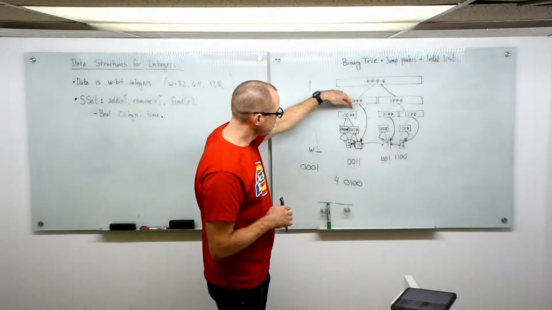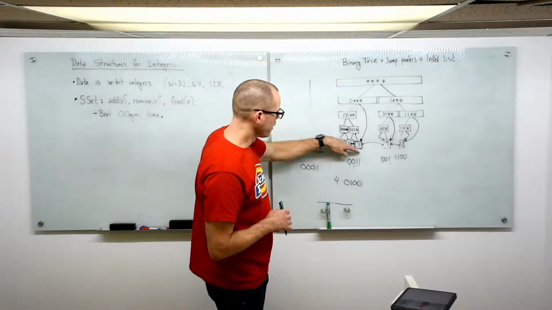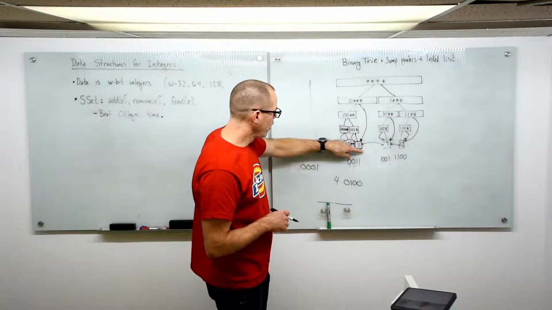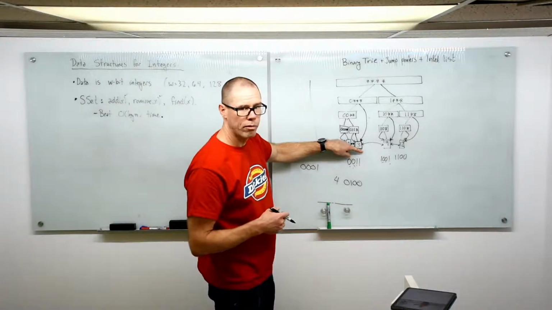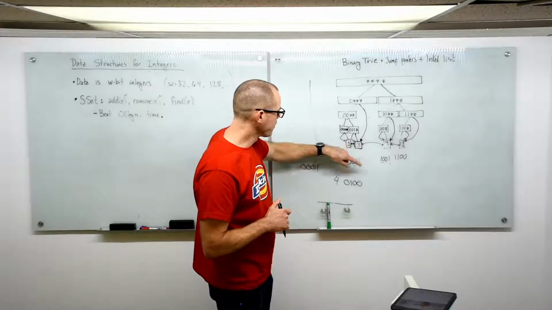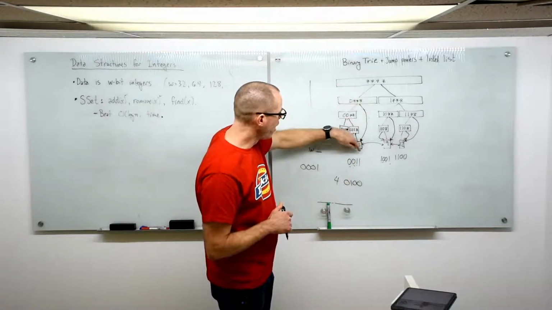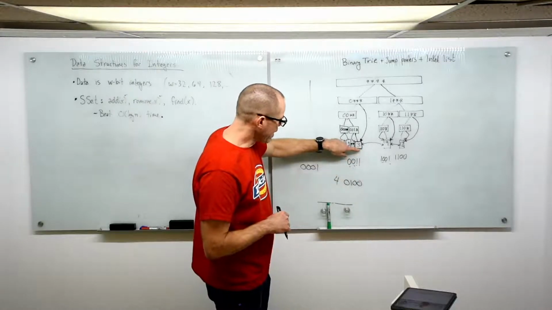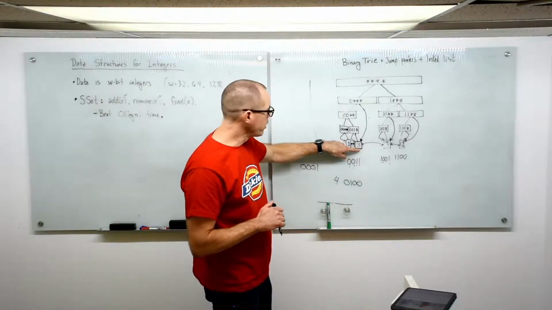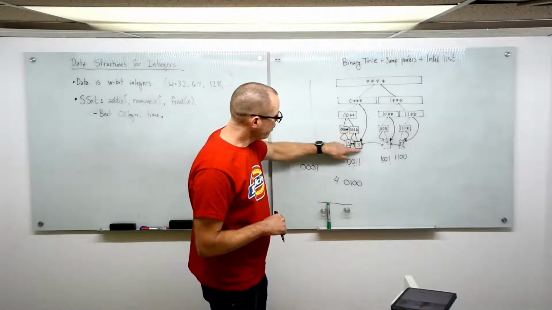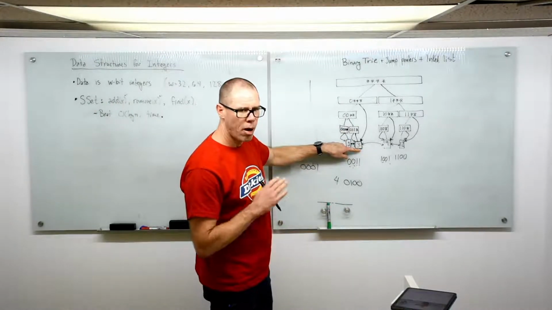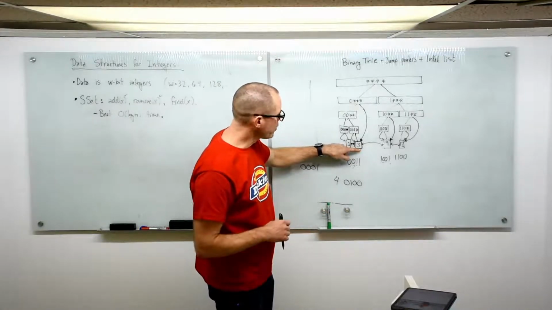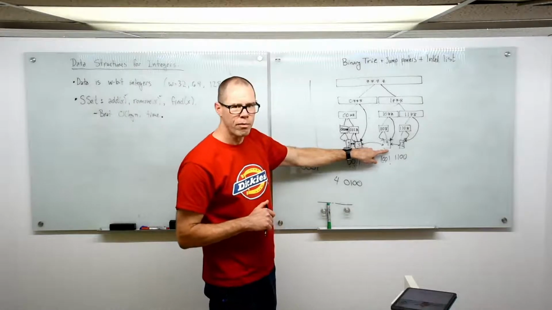That largest thing in the left subtree is actually the largest thing in my set which is smaller than what I'm looking for. I was looking for 4, I found 3. Now that's not the answer to my query. The answer to my query should be 9, but now that I'm at 3, this is the largest thing that's smaller than what I'm looking for. Well, then the smallest thing that's larger than what I'm looking for is just the thing that comes after it in this list.